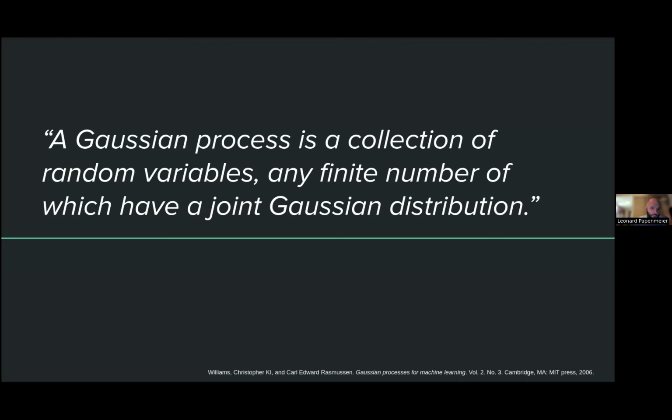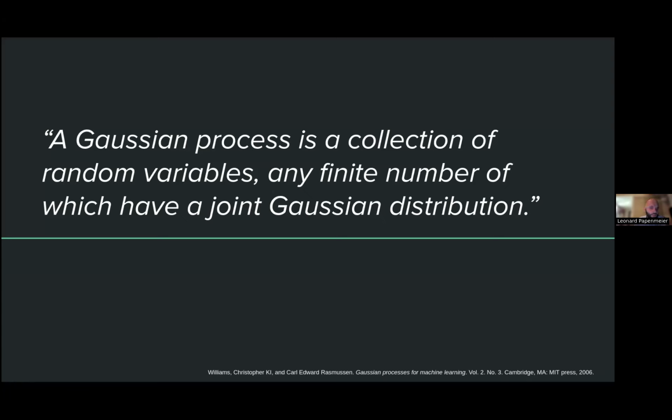The surrogate models that we focus on in this talk are Gaussian processes, and those are basically just very high-dimensional multivariate normal distributions for which you calculate the covariance matrix with a special kernel function and the mean with a special mean function.